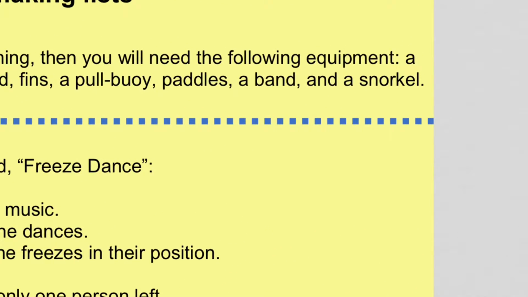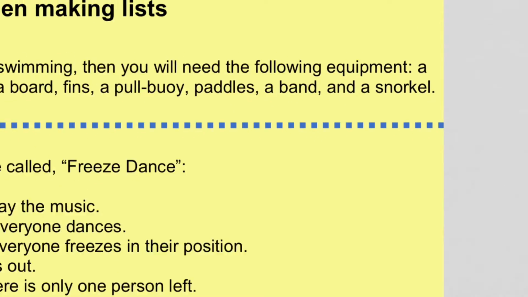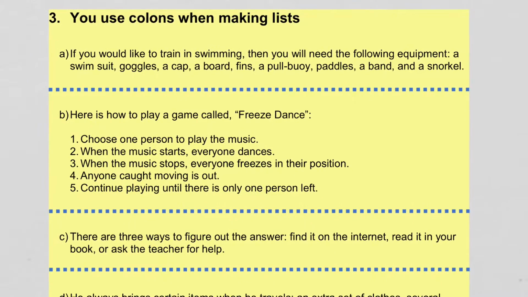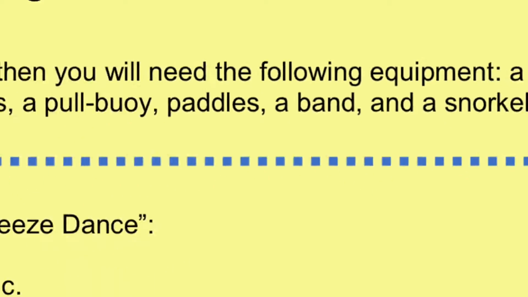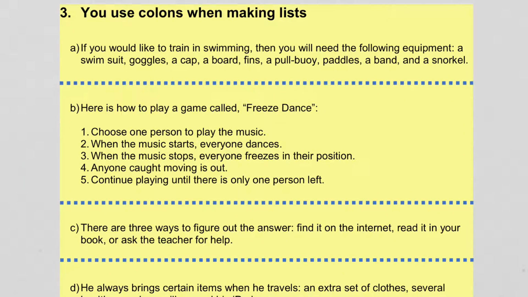So you can see that I've introduced this list of things. And when I say introduced, one of the common words that you'll see if people introduce lists is this word following, or the following. So notice these words here. If you would like to train in swimming, then you will need the following equipment.